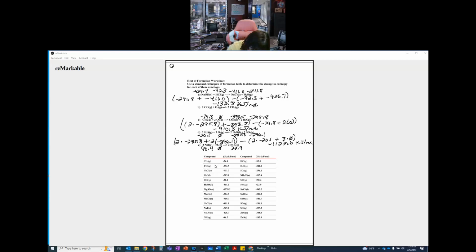And so we're looking at products, 2 times 33.9, minus the quantity for the reactants, 2 times 90.4 plus 0. So 2 times 33.9 minus 2 times 90.4.